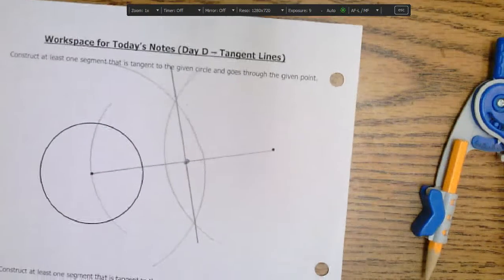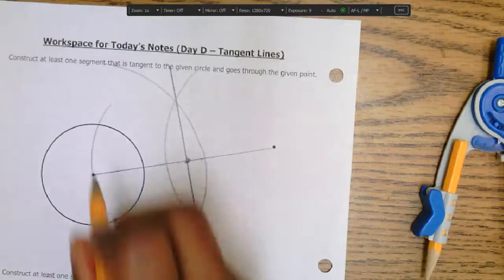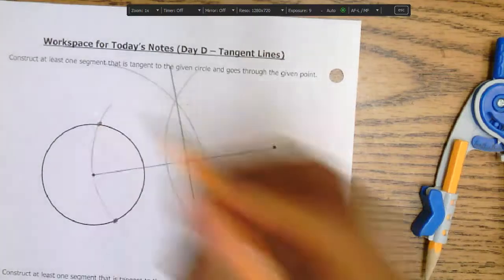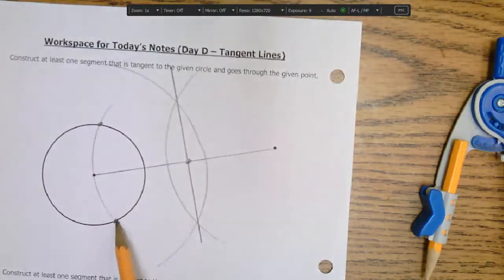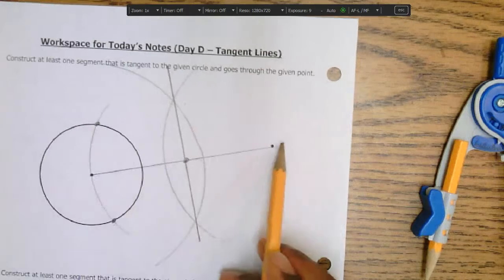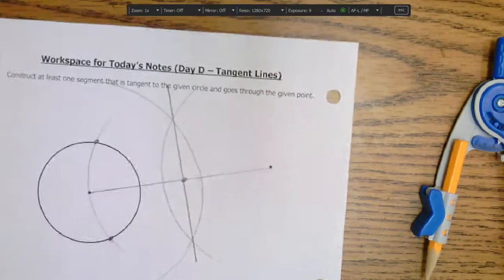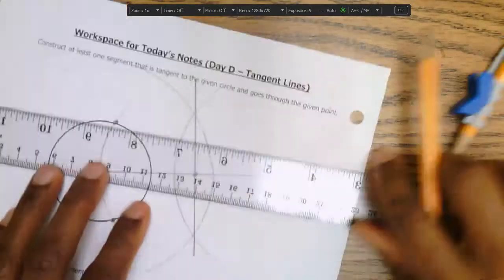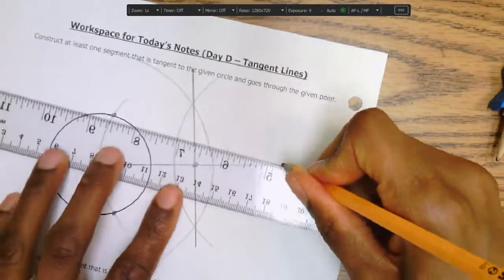Now, that last arc has 2 intersection points. It touches the circle here and here. Those 2 points will actually be the points of tangency when we draw our tangent line from the given point. So basically, we can now go ahead and draw a tangent line.